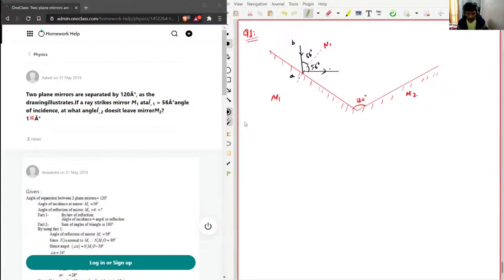So my angle BAN1 is going to be, let's say just for now, let's say this point is C, equal to angle N1AC, and this will be 56 degrees because of the law of reflection, you can say.